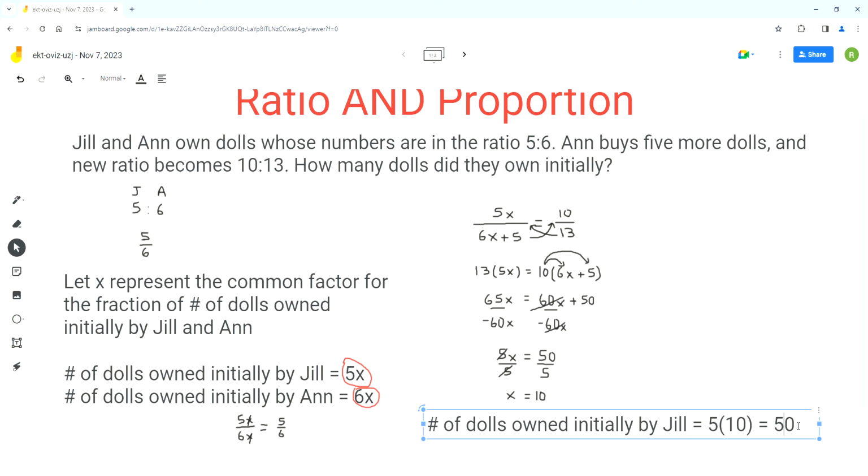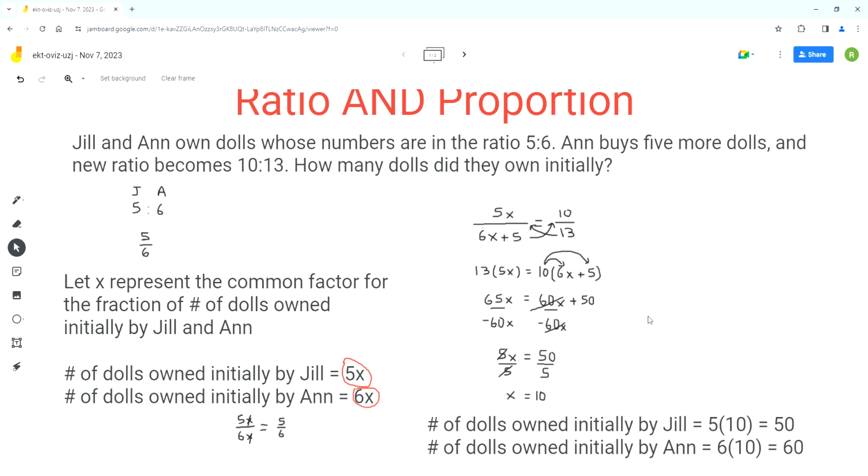And now we can do the calculation for Anne. The number of dolls owned initially by Anne will be equal to 6 times 10 because it was 6x, which is equal to 60. So this should be the final answer for this problem.